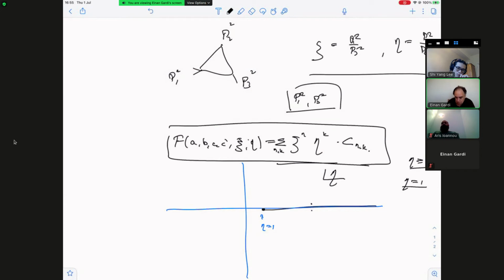That's the expectation based on the physics, essentially. I mean, it's not yet physics, but based on the properties of this function, even seen as a series, it must have such discontinuities.